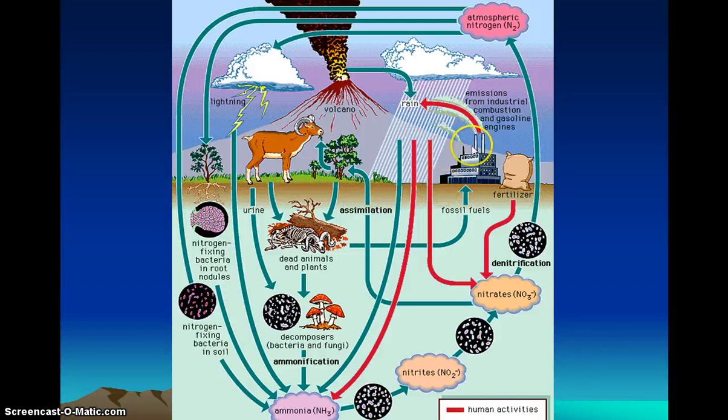So humans produce the emission of nitrogen, and then it's absorbed, all naturally. Ammonia is made, nitrates are made. This is just another picture for you as well if you need that.